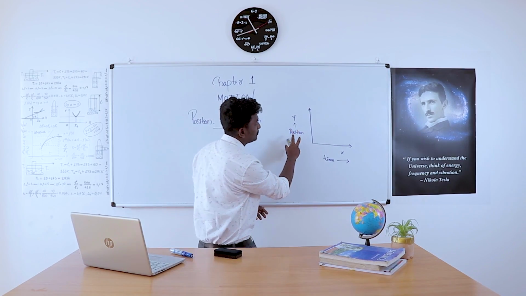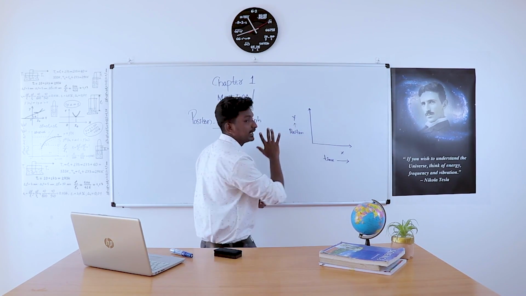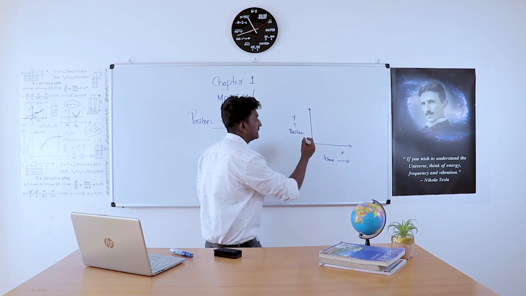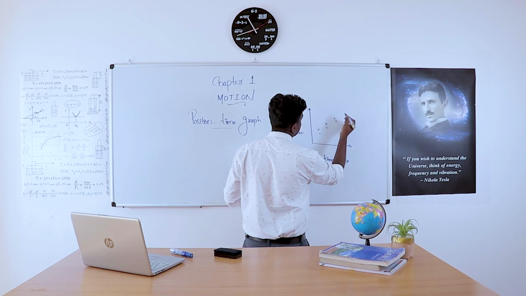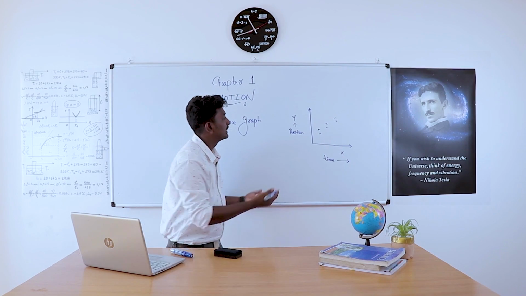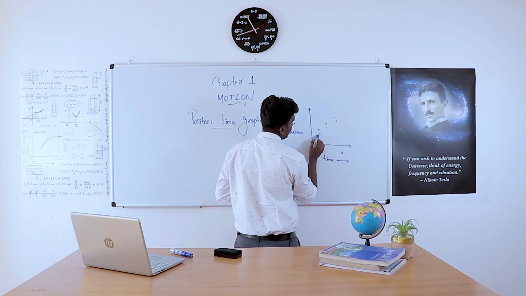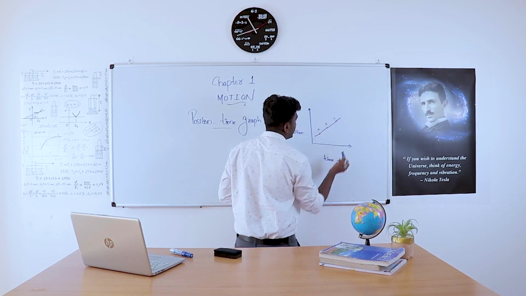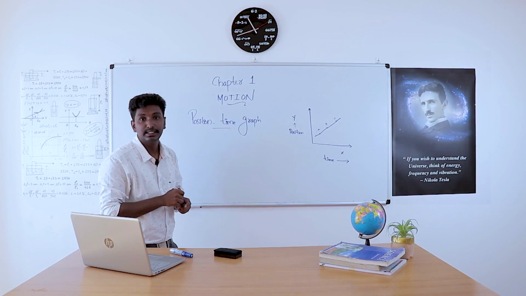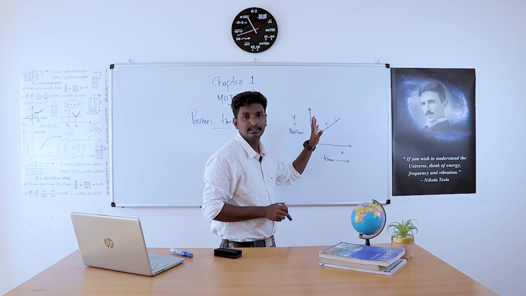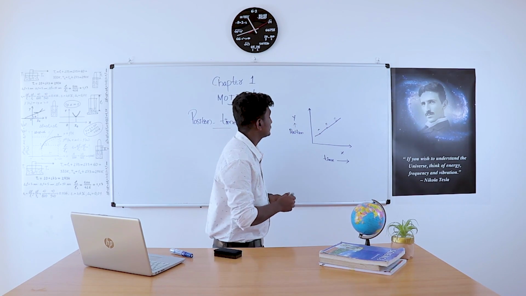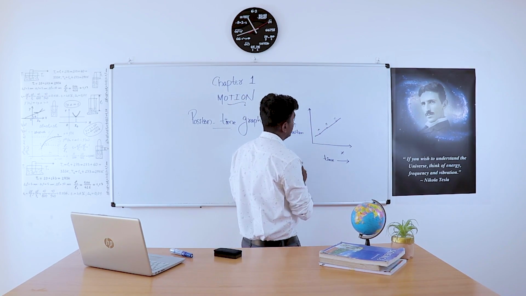From the values of position and time, we plot a graph. A, B, C, three points. Just for an example, we have three points, then we plot a graph like this. Then this is the position time graph. I marked the points A, B, C just for an example from the values of position and time.